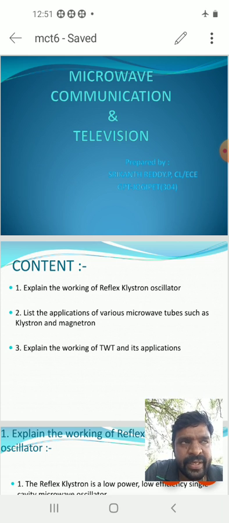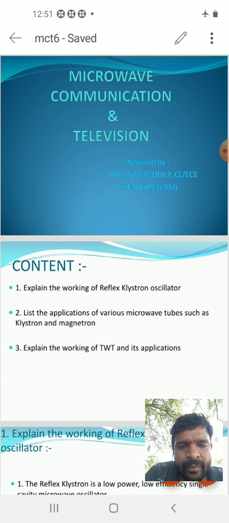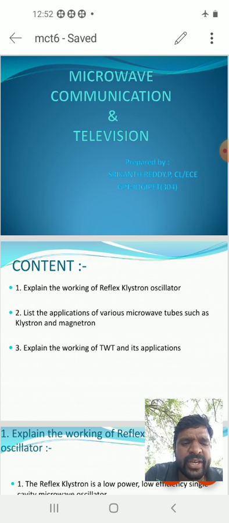In this subject, we will discuss the topics: explain the working of a reflex Klystron oscillator, list the applications of various microwave tubes such as klystron and magnetron, explain the working of TWT, traveling wave tube, and its applications.